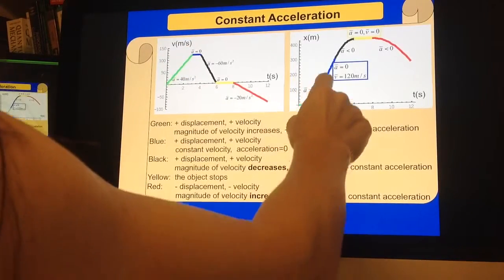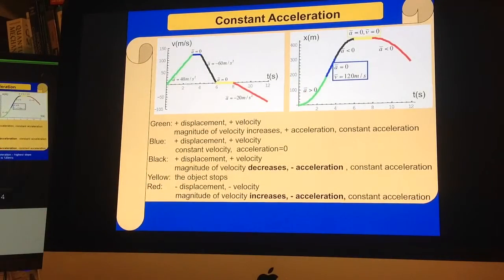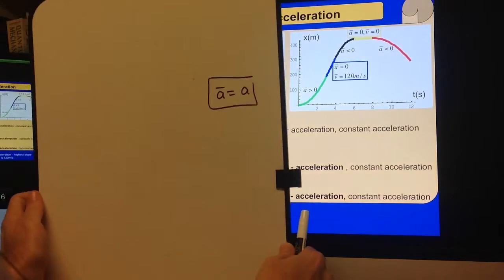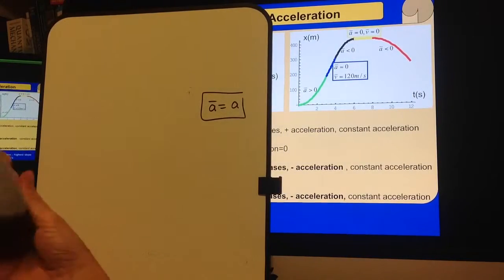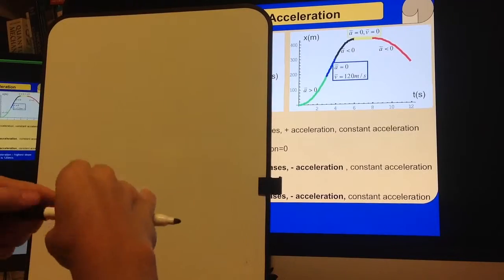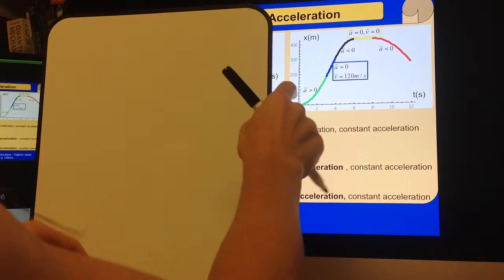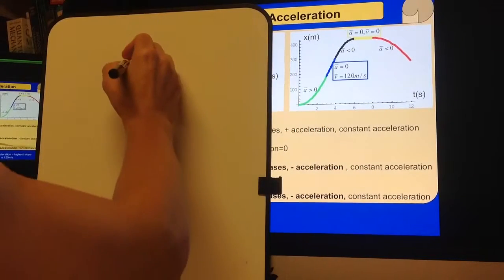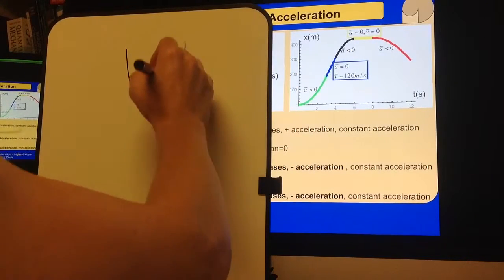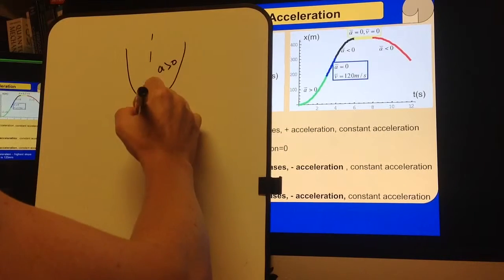Okay, plus acceleration. When we are talking about a parabola, we always say the following. If the quadratic term of the parabola is positive, we'll be dealing with parabolas like this. This means acceleration is bigger than 0.